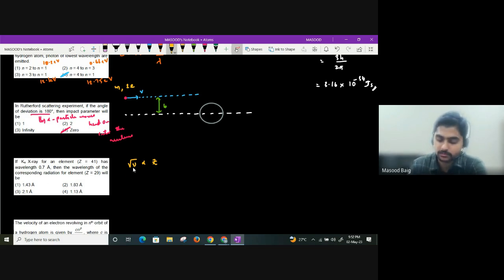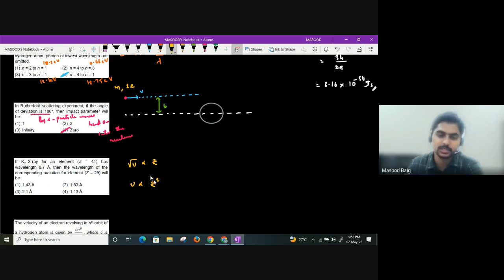Can I write that frequency is inversely proportional to wavelength? So 1 by root lambda will be proportional to Z. So Z1 divided by Z2 will be equal to root over lambda 2 by lambda 1. Or I can write frequency is proportional to Z square.